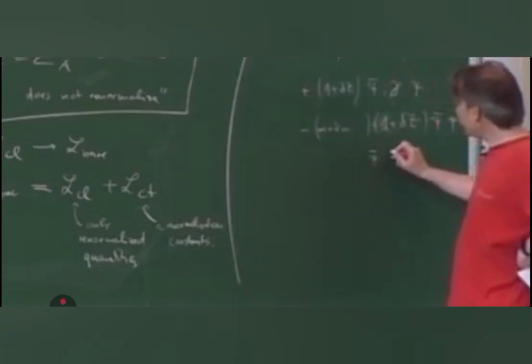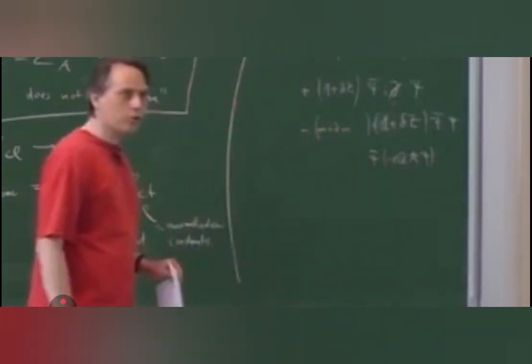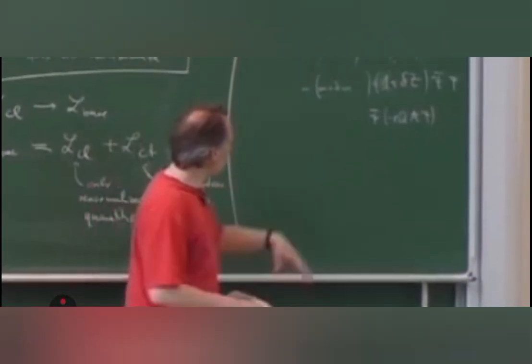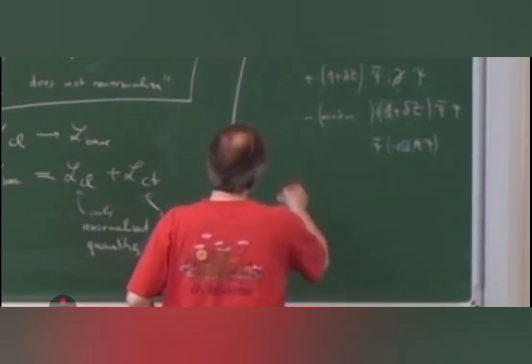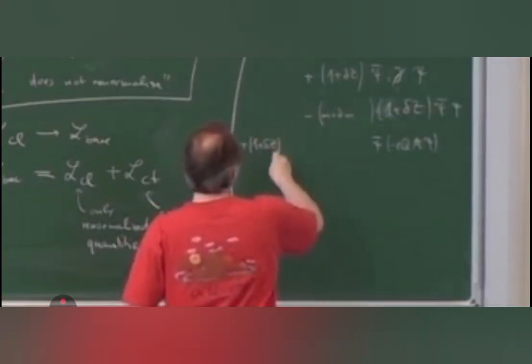Then there is the term with the interaction, psi bar minus e q A slash psi. And so what happens to this term? This is the most complicated. So if you replace everything by bare and then plug in the replacement rule, then you get first of all a factor 1 plus delta Z from the two fermions.